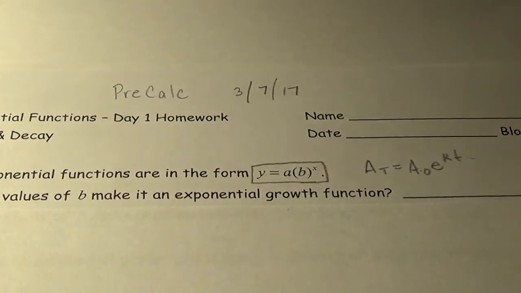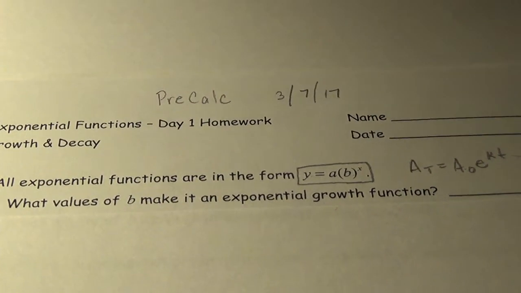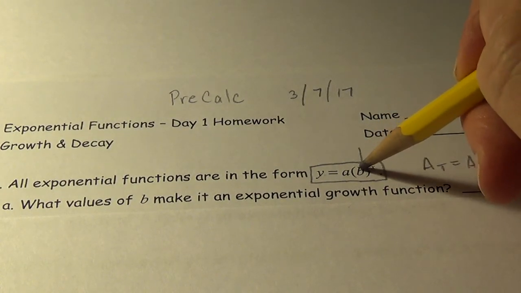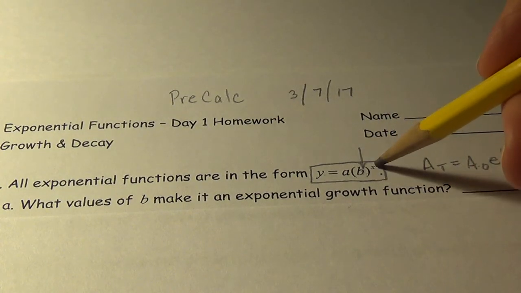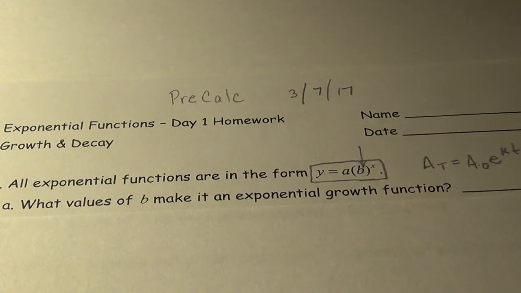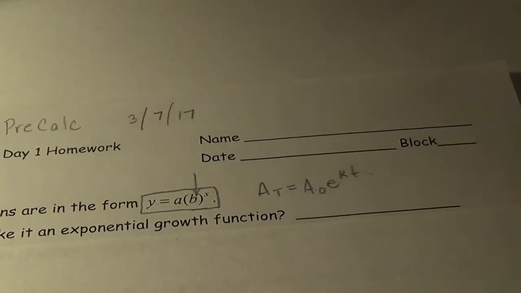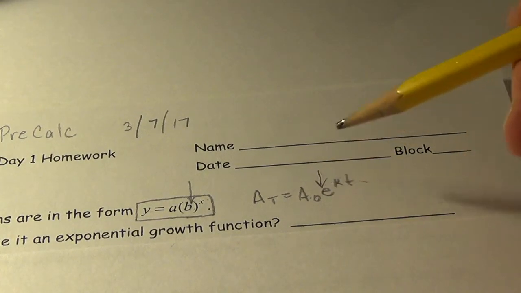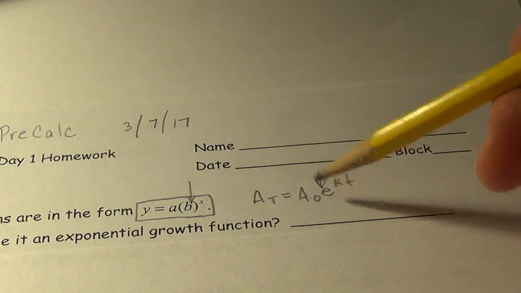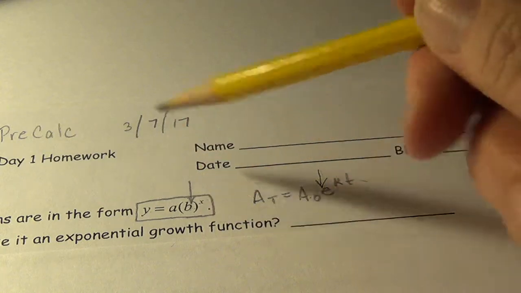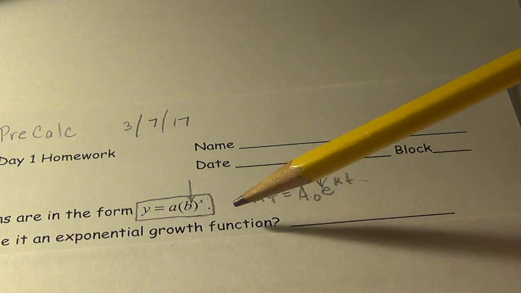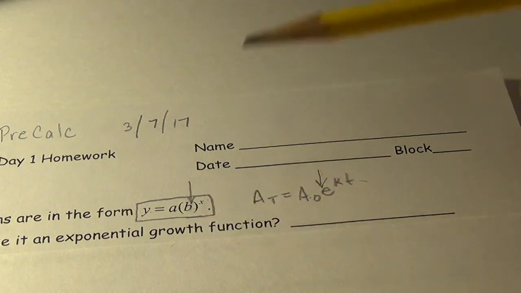Now, what values of b? I'm particularly interested in this value right here. That's the one to which the exponent is applied. Over here in our daily work, we've been looking at it as e, but it doesn't have to be an e. It can be any constant. So what values would make the exponential function be a growth function?